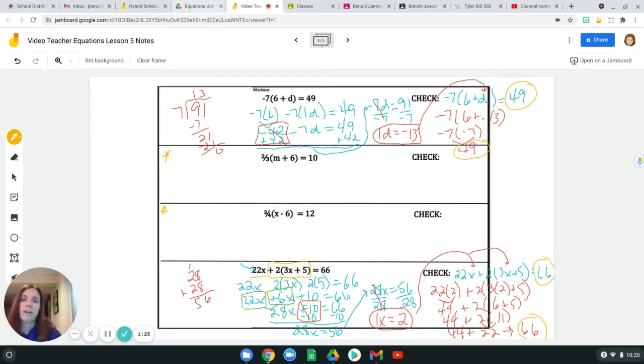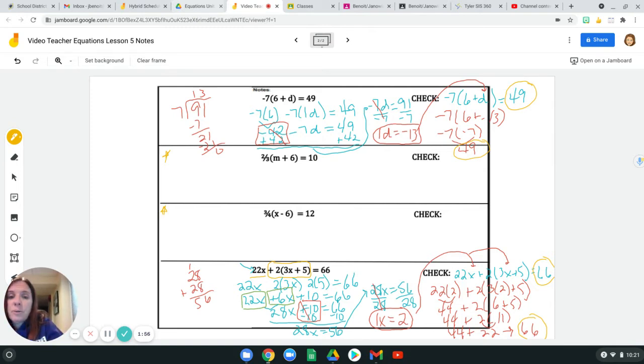All right, so if we look at our first example, 2/3 times the quantity m plus 6 equals 10. 2/3 is our coefficient to be distributed. And what we know is in order to make that coefficient into a 1, we need to multiply both sides of the equation by that rational number's reciprocal. So the reciprocal of 2/3 is 3/2.